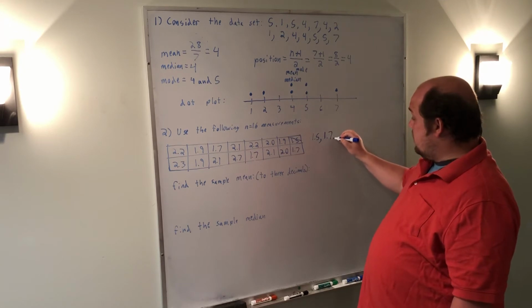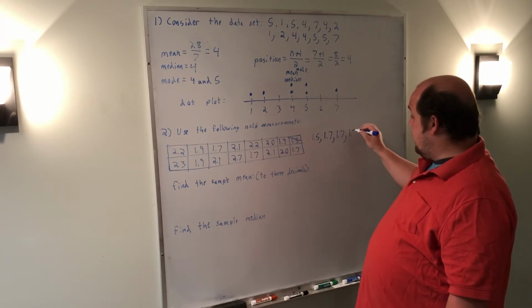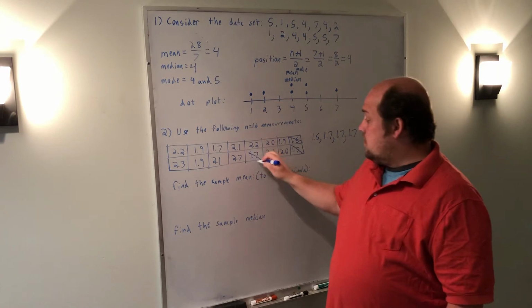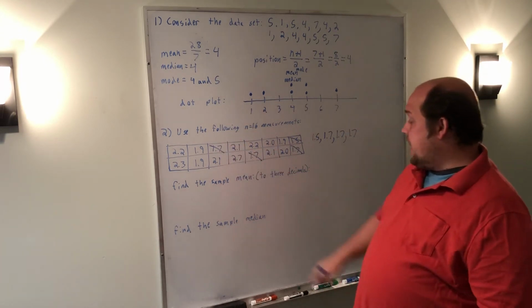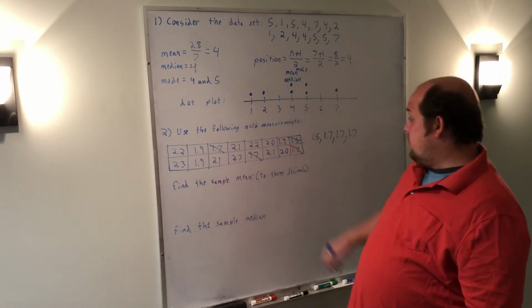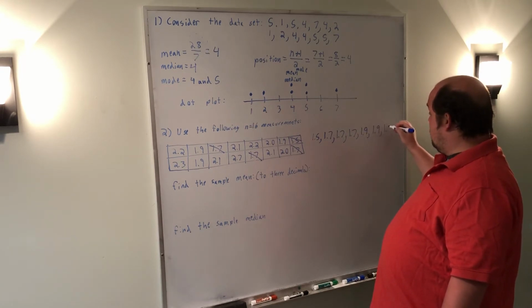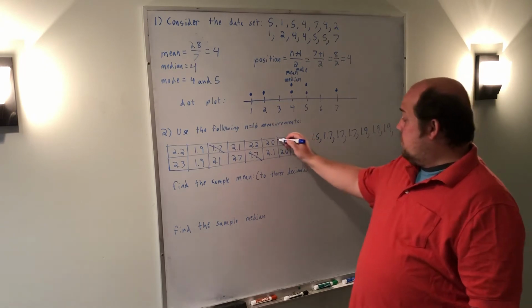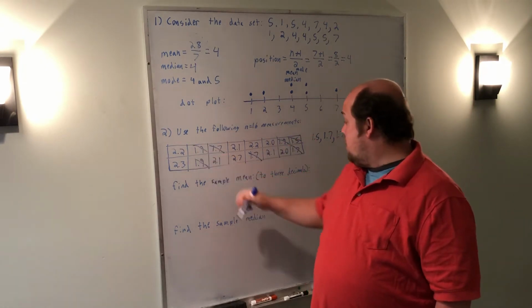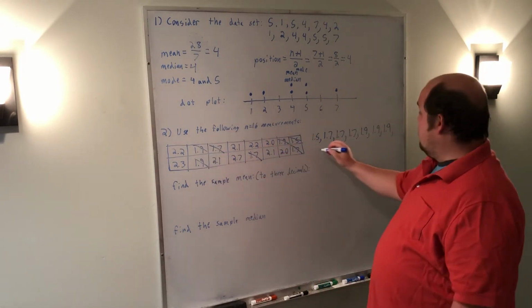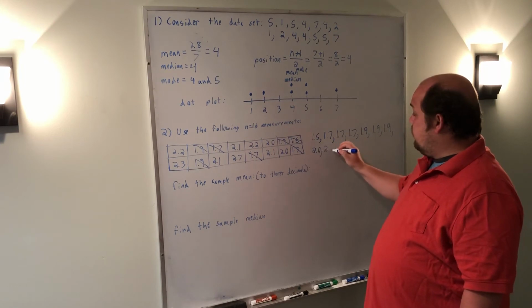I don't see any 1.8s, but I see 1, 2, 3 1.9s. Next thing would be 2.0. I see 2 of those. 2.0, 2.0.